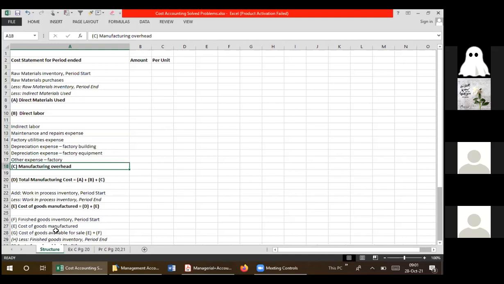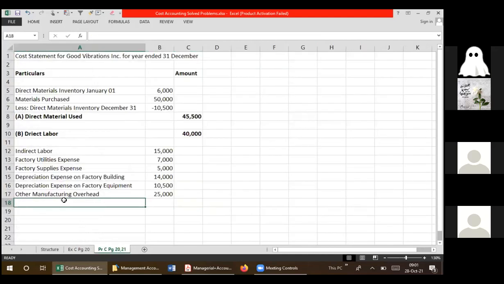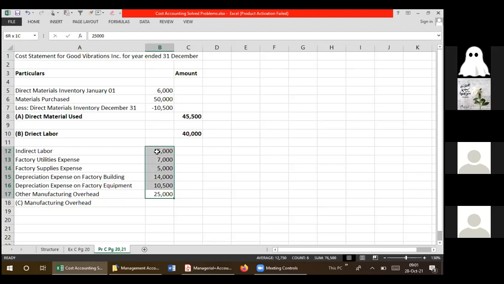So we have number C now, manufacturing overhead. Over here it adds up to 76,500.